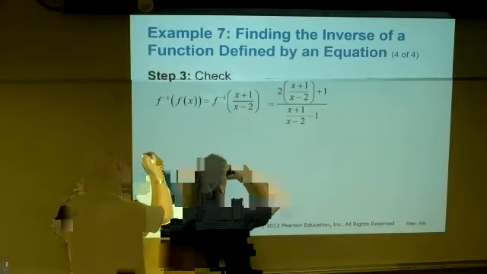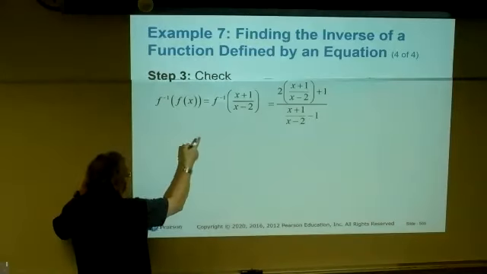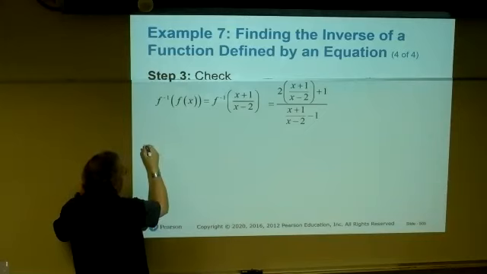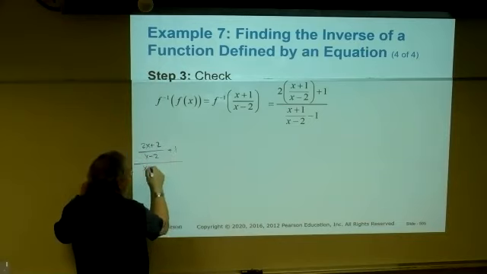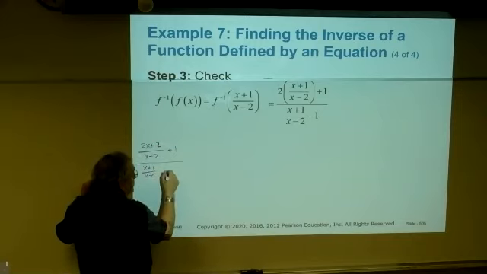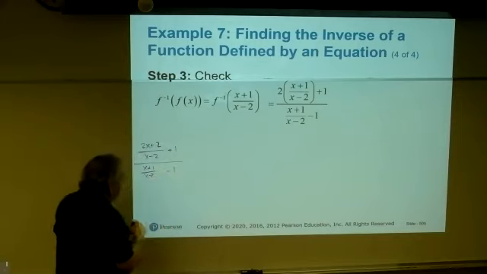Here, I'm going to multiply in the numerator. I'm going to multiply in by that 2, so I get 2 times x plus 1 plus 2 divided by x minus 2, over x plus 1 divided by x minus 2 minus 1.